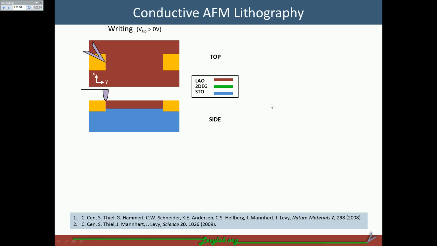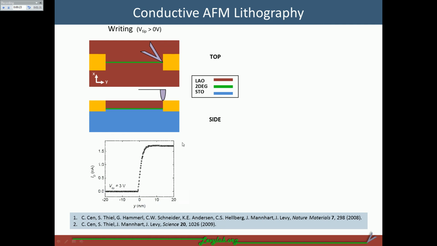So for 3 unit cell samples, we can use a conductive AFM to write nanoscale conductive patterns at the interface. Just think about the tip as a movable local gate. So when we positively bias the tip and move it between the 2 electrodes, a conductive channel can form at the interface, and we can measure the conductance between the 2 electrodes.